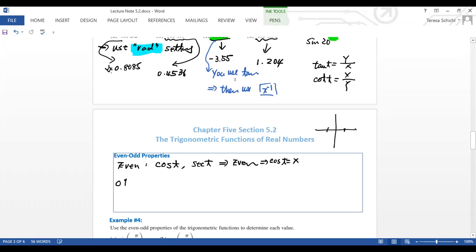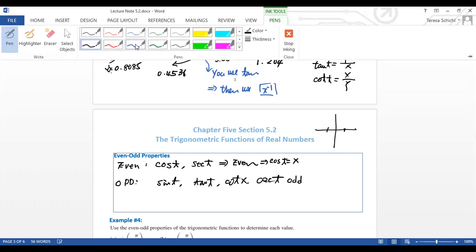All the other functions, like sine t, tangent t, cotangent t, and cosecant t, are all odd. What do I mean?